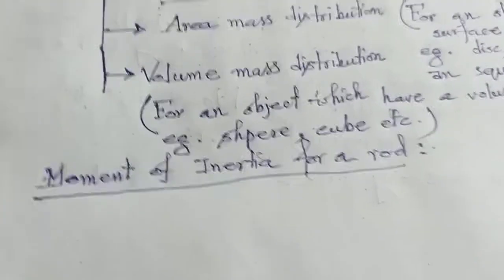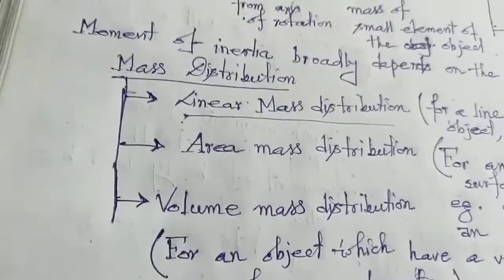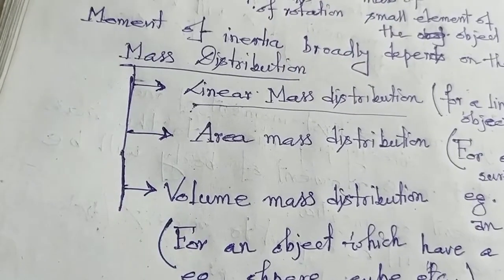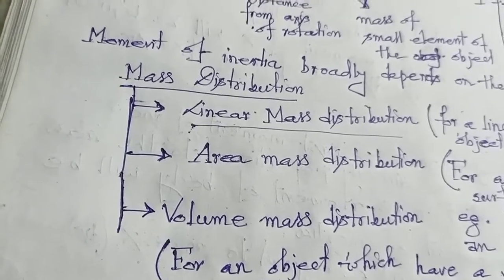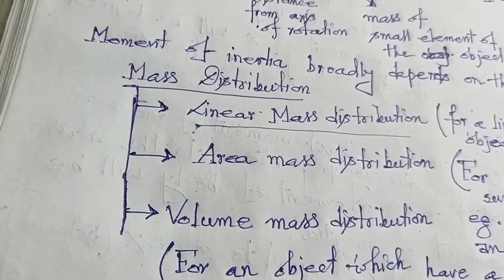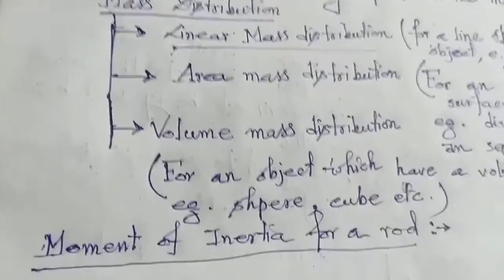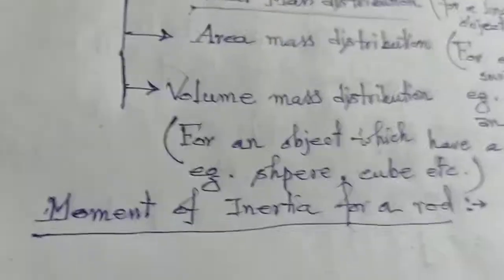So before finding it, we should know the position of the axis and the alignment of the body, that is, the mass distribution.